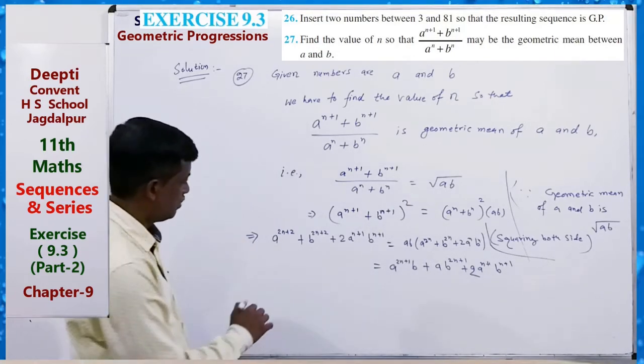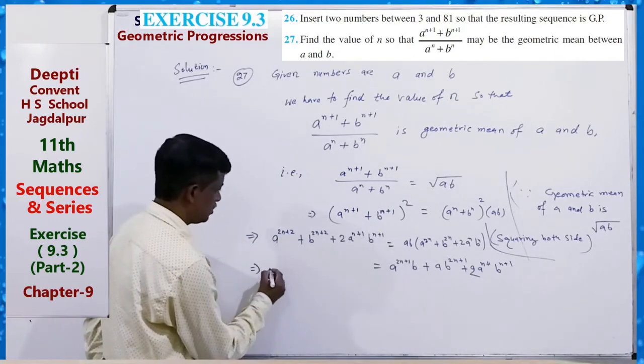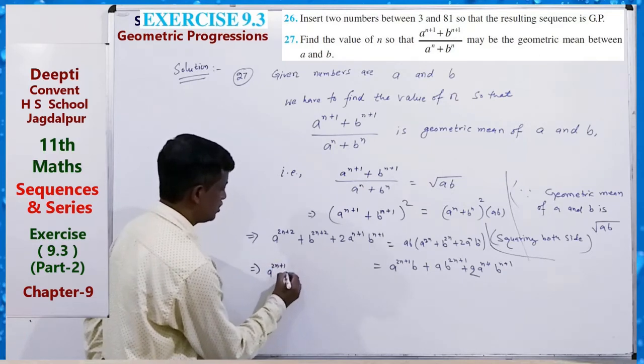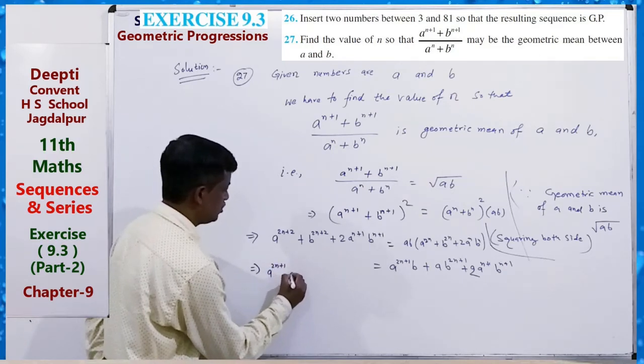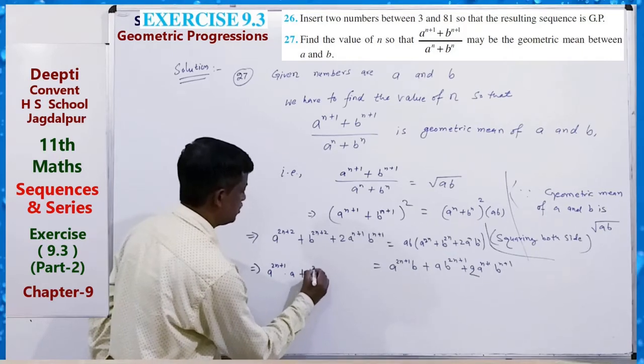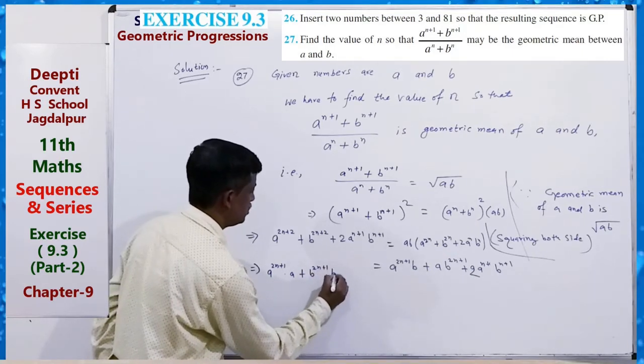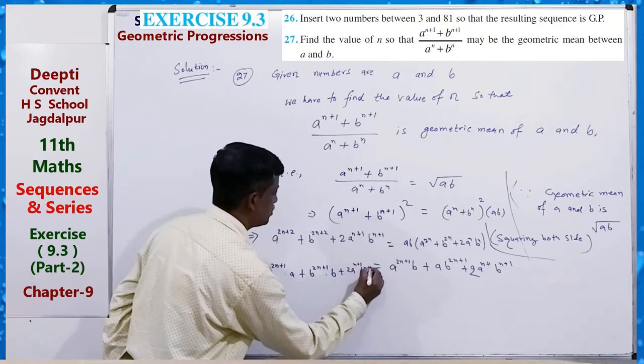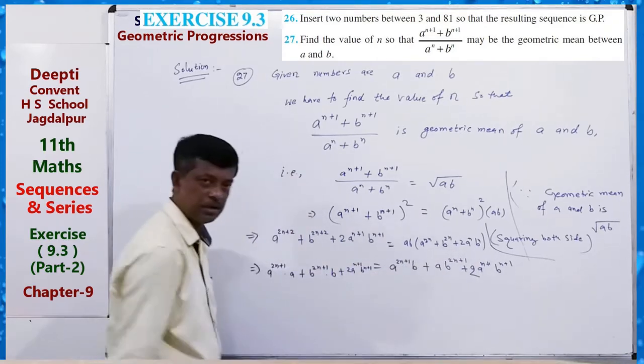Now the left hand side, a power 2n plus 1 into a plus b power 2n plus 1 into b plus 2 a power n plus 1 b power n plus 1. This and this quantity cancel out.